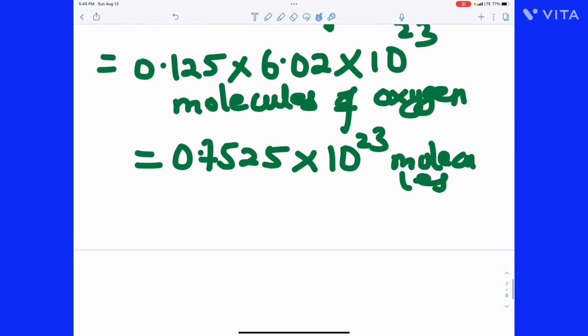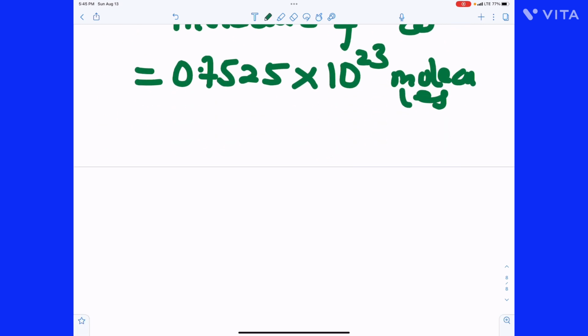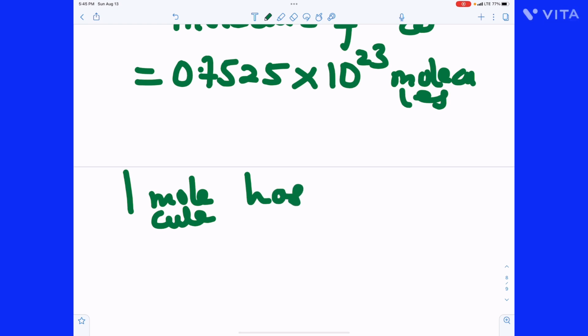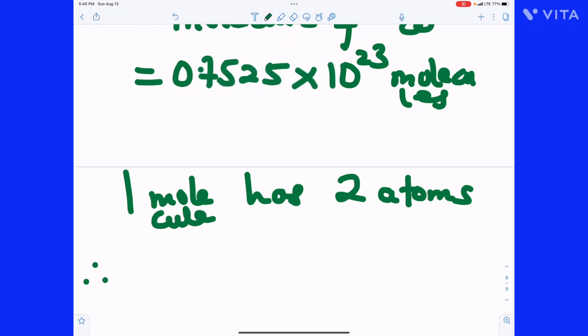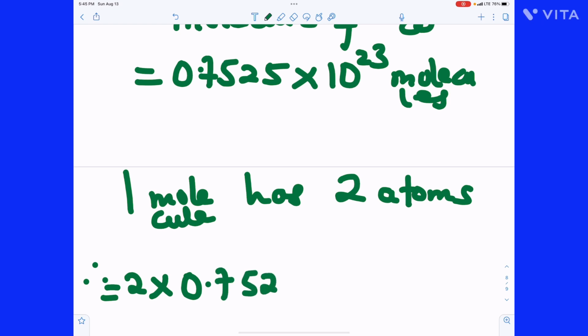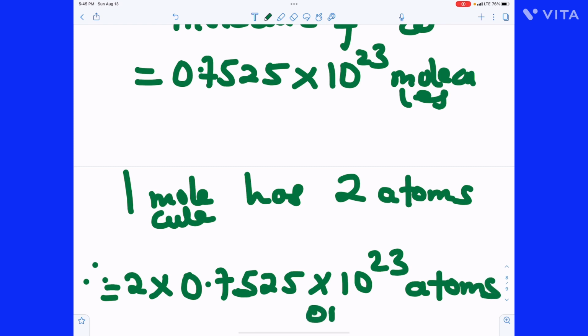Of oxygen. Now, in this case, we are told to find the number of atoms, not the number of molecules. 1 molecule of oxygen has 2 atoms. So that means the number of atoms we have will be 2 times 0.7525 times 10 raised to the power 23 atoms of oxygen.